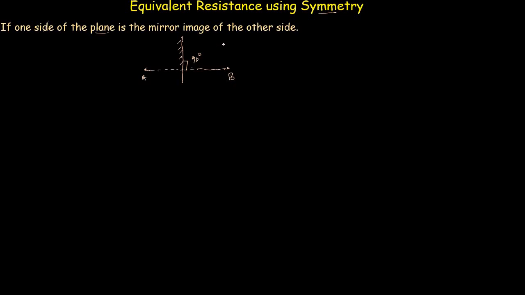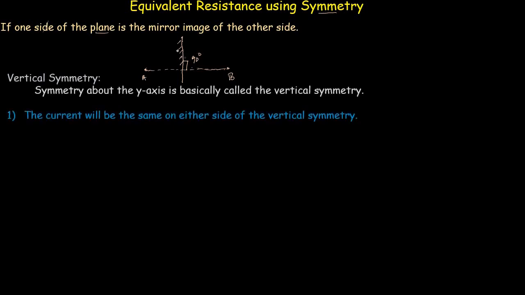So let's first discuss the vertical symmetry briefly. So basically, what is a vertical symmetry? As the name suggests, if we draw a vertical line that bisects the horizontal line between any 2 points, and if one side of this plane is the mirror image of the other side, then we can say that there exists a vertical symmetry.